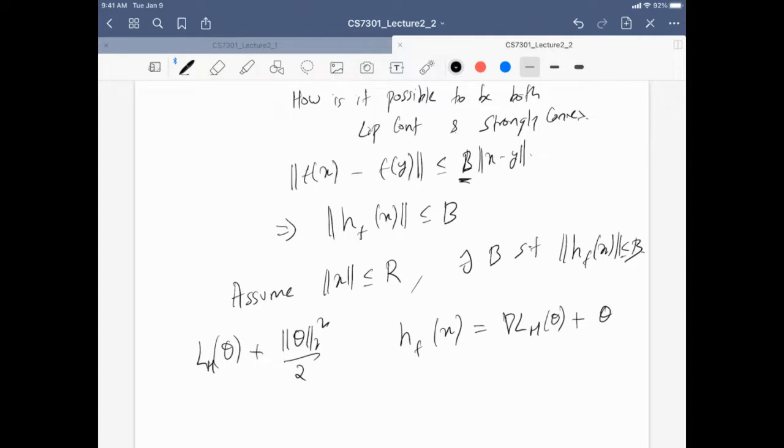So essentially what this means is the norm of this at theta is less than or equal to the norm of L, which is true, because this itself is Lipschitz continuous, plus the norm of theta. So the norm of theta is bounded, say, by R, then this is going to be bounded by R. So that way we get a bound on this.